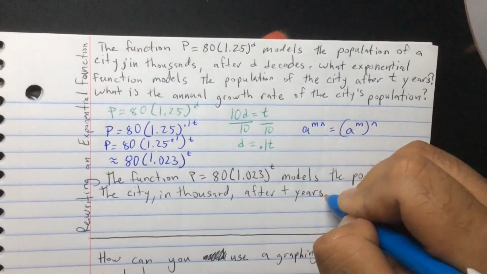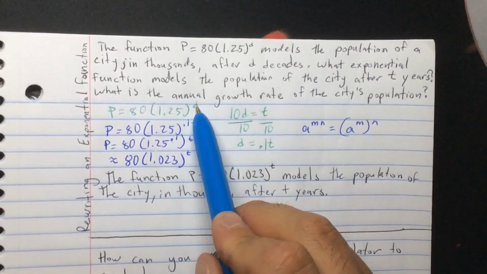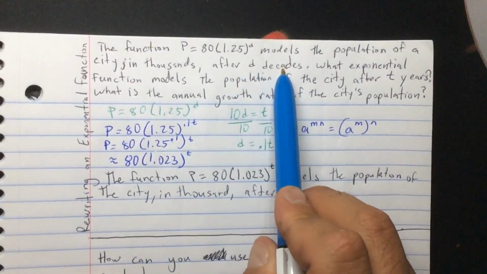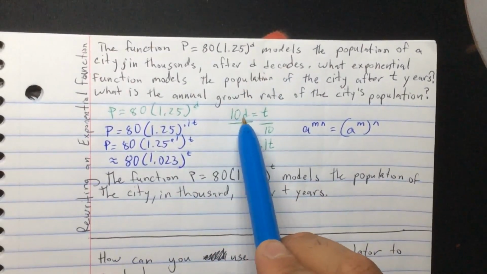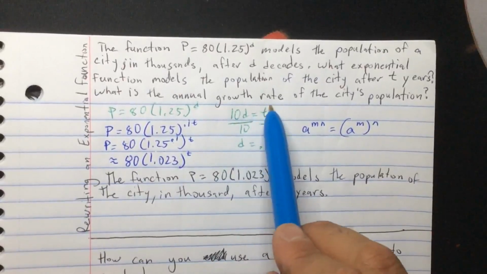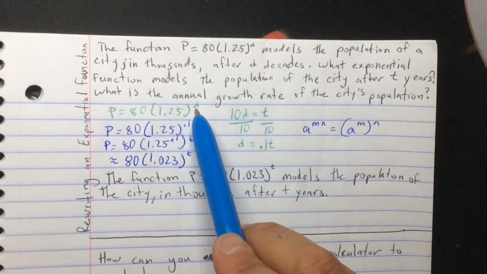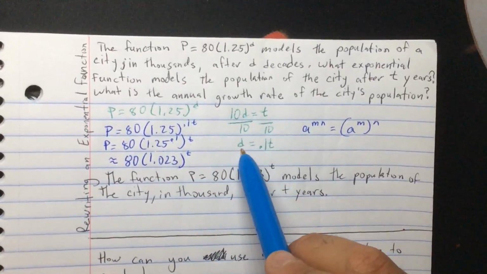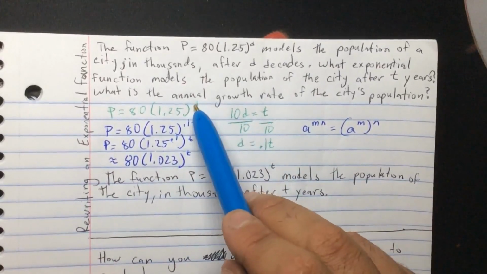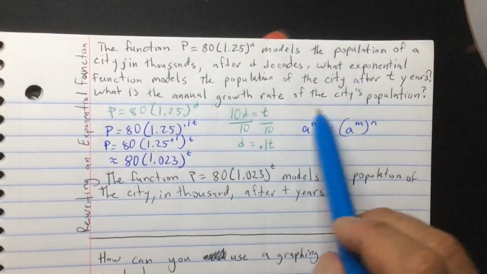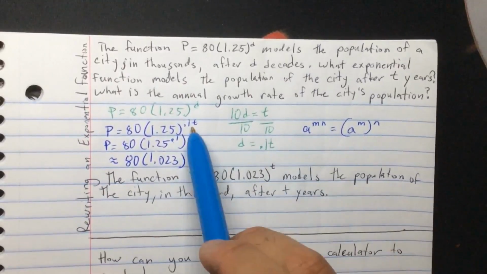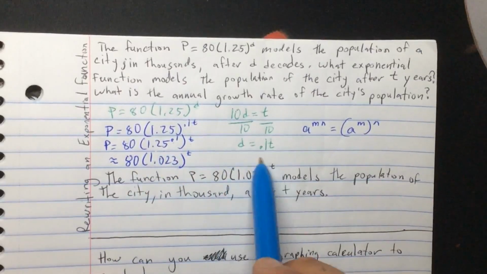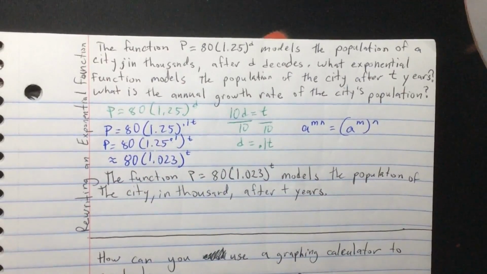So all we really did is convert our D to T in terms of the information. We had decades, so we put 10 times the decades for the years in terms of T, and then since we need D by itself to substitute, we divided by 10 on both sides, got our D, substituted in what we had here, and used the power rule to get the power inside. And then we got our new equation, which shows us the model.